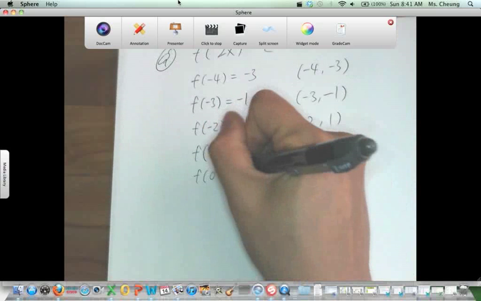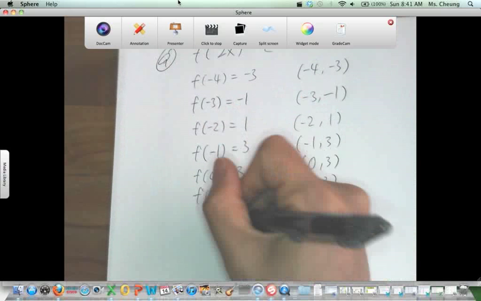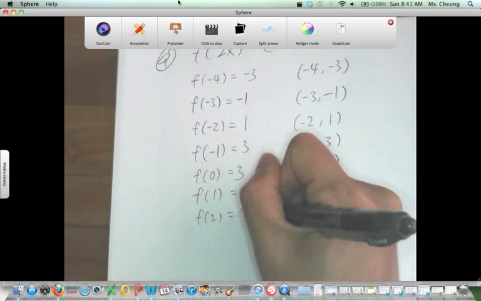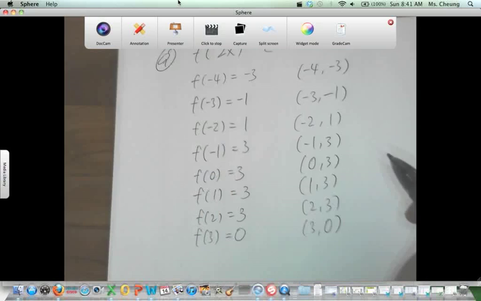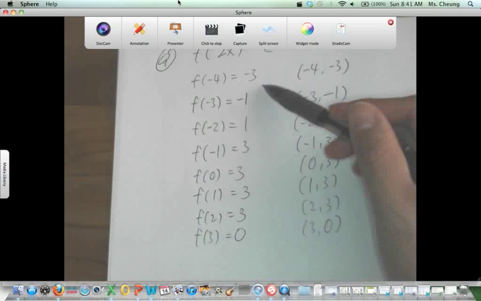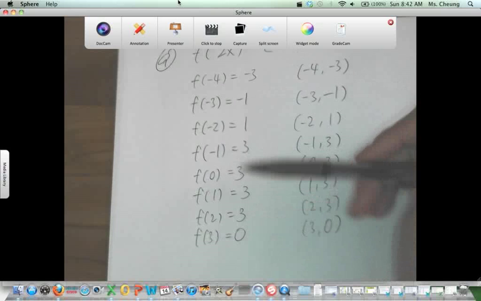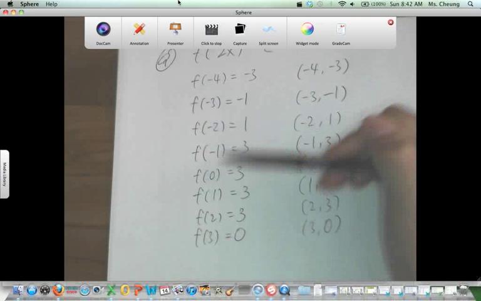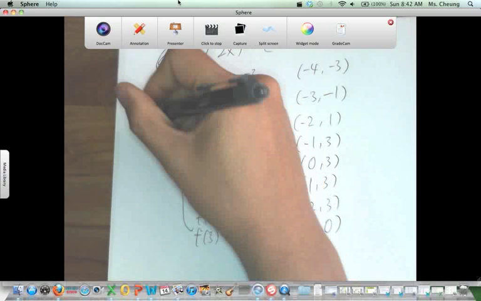F of 0 equals 3. F of 1 equals 3. F of 2 equals 3. And f of 3 equals 0. So I'll have all this input, all this output, all the x coordinates, all the y coordinates. Those are called the original points.